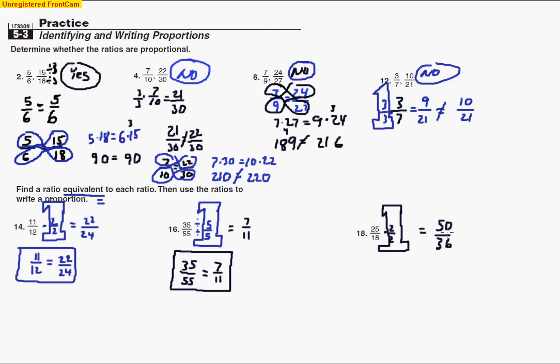So there it is. 50/36 is equivalent to 25/18. Equivalent means equal, and it's equal because we're multiplying by 1. 1 times a number doesn't change anything. It's the same answer. It's just a different form. And so there it is, our equivalent ratio written as a proportion. So those are the types of problems you'll see on tonight's homework.